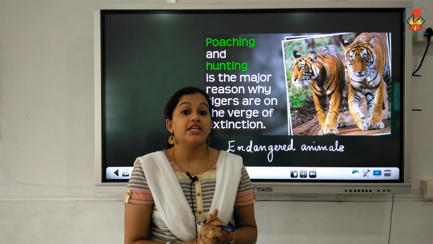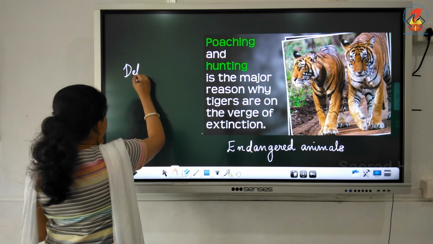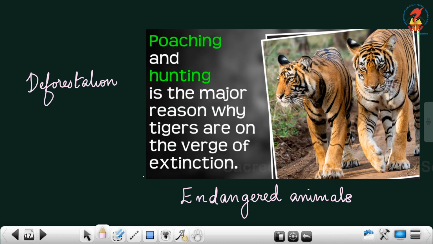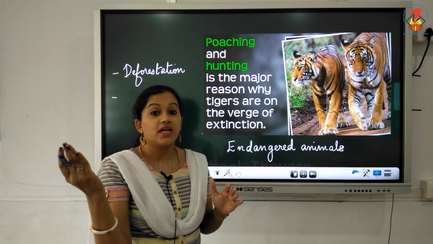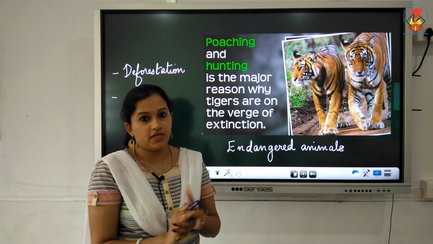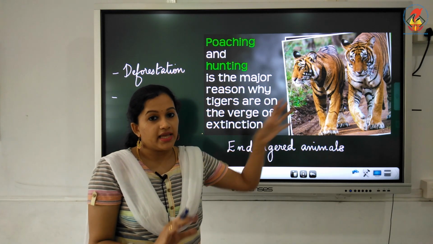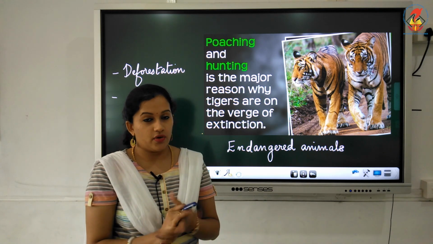Another reason is deforestation. Deforestation means cutting down of the trees in the forest. So they won't have a place to live. Their habitat, or the place where the tiger is living, is destroyed. So because of that they can die off.